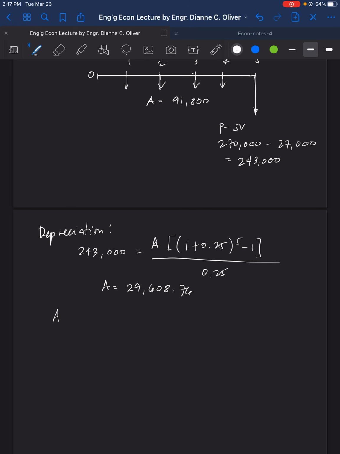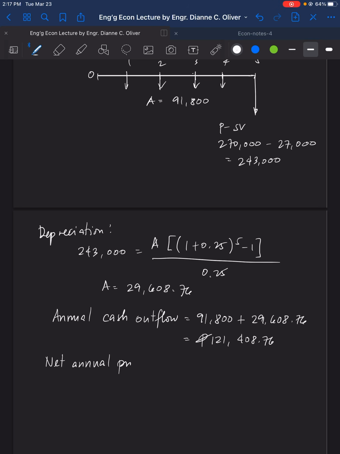So annual cash outflow is equal to 91,800 plus 29,608.76. That is equal to 121,408.76.